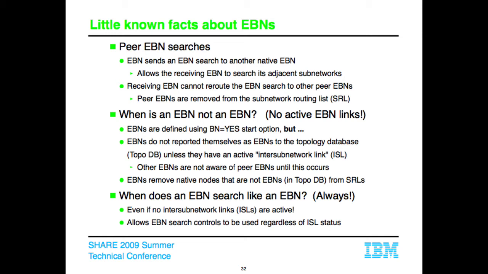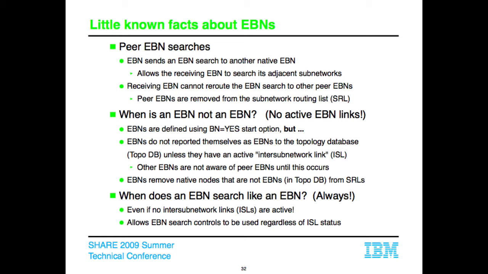So this is basically a case where a border node will not report himself to the topology database and to other nodes as being a border node unless he has an active inter-subnetwork link. He'll send out a topology database update saying, I'm a border node now, you can send searches to me. And as soon as his last inter-subnetwork link goes down, then he'll send out a topology database update saying, I am no longer a border node. That's very important because it affects the way some SNI type searching may be performed.